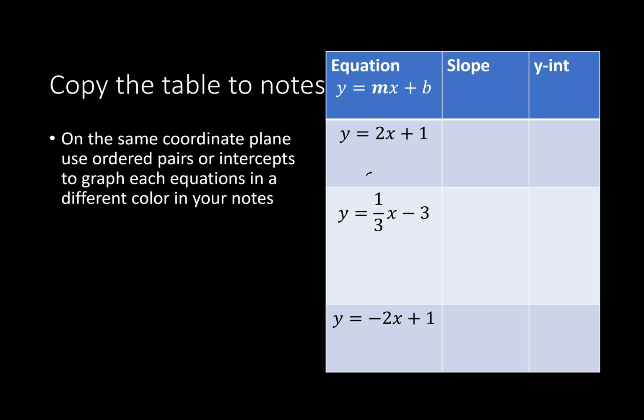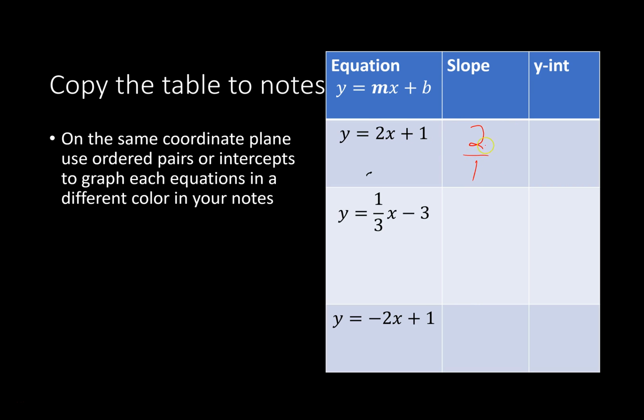On the same coordinate plane, use ordered pairs or intercepts to graph these equations in different colors in your notes. Well, in this case, I'm going to do it on here. If you have different colored pencils, that'd be awesome. I'd be really proud. Okay, so if we look at these equations, y equals mx plus b, where m is the slope and b is the y-intercept. So if I match up, m would be 2. So my slope would be 2 here.